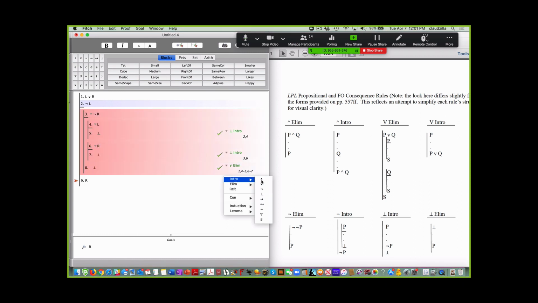So one of the things that Fitch lets you do is skip the step that we just made, which is introduce the second negation and then eliminate it. Now, if we want to be meticulous, we would say, don't skip that step, right? Because I just finished giving you this elaborate discussion about accounting for each and every teeny tiny move. But yeah, you're right. Fitch will let you do that. I prefer personally not to, but doesn't mean that you would be incorrect to move straight to the affirmative claim.